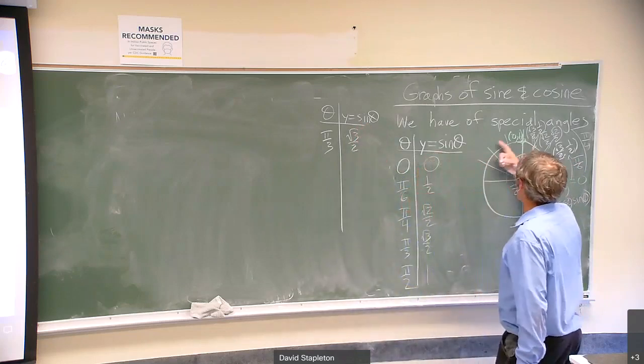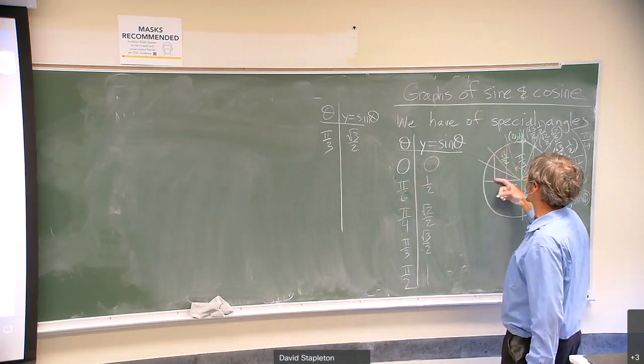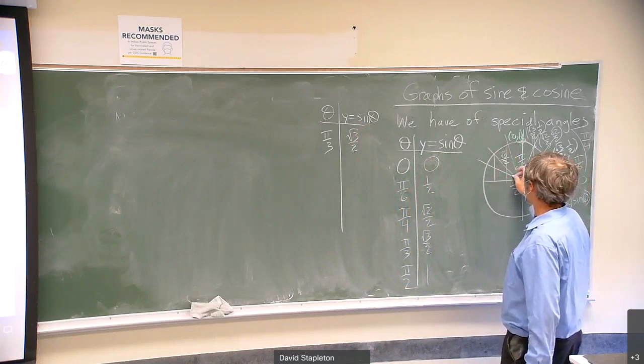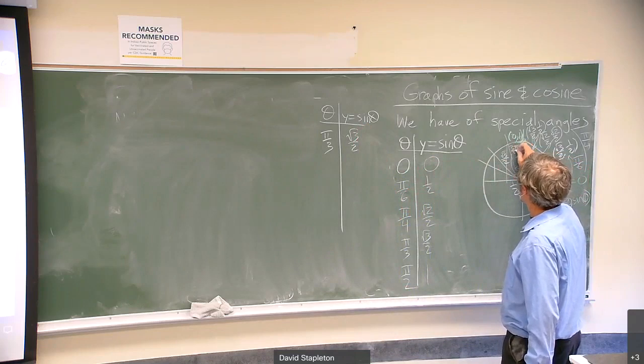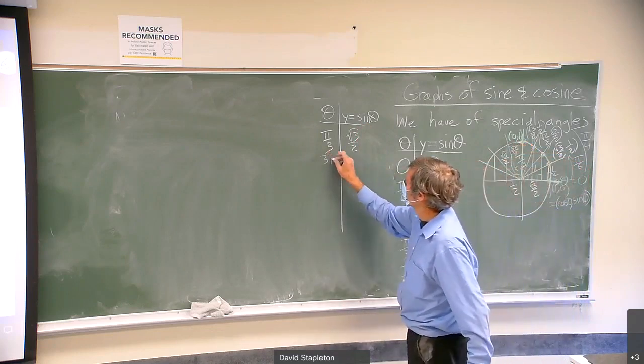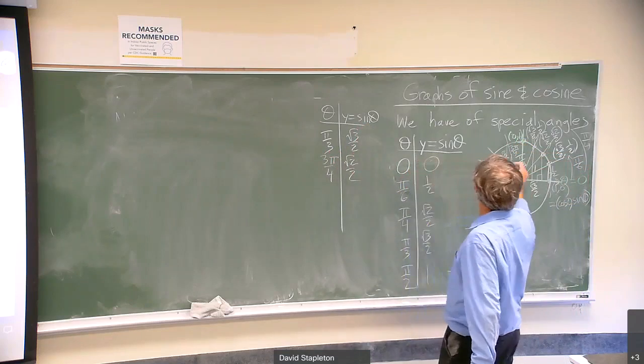And then I go to this angle here, 135 degrees, the next special angle. I drop the perpendicular and get a 45, 45, 90 triangle. This is also known as 3 pi over 4. So we'll go to 3 pi over 4, and now we get square root 2 over 2 as the height, the y coordinate.